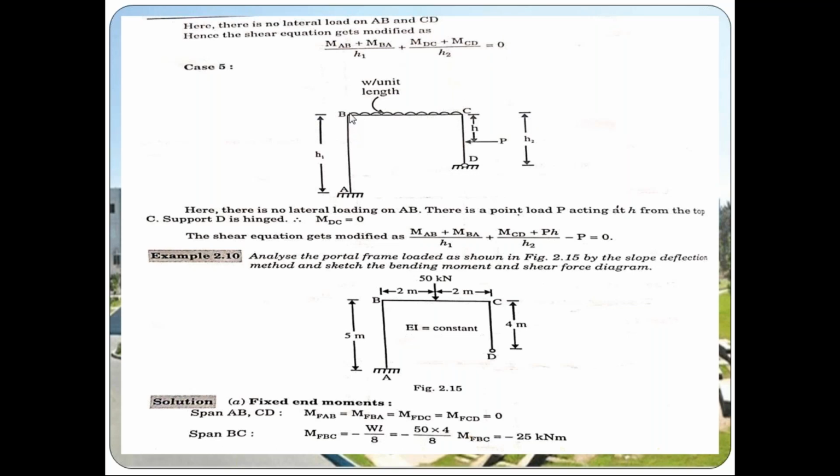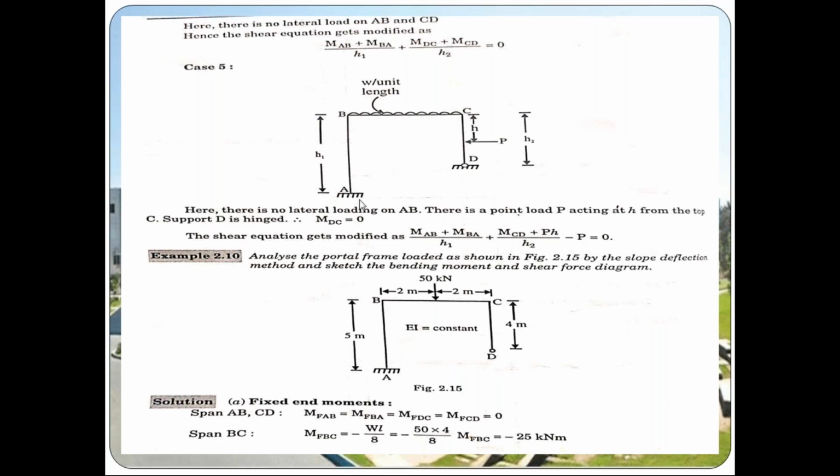And case 5. In case 5, column AB has no load and column CD has the load. So the equation is (MAB + MBA) by H1 for column AB. For column CD, at joint C there are two moments, one for span BC, that is MCB, and another for span CD, that is MCD. So MCD will come, and joint D is a hinged joint.